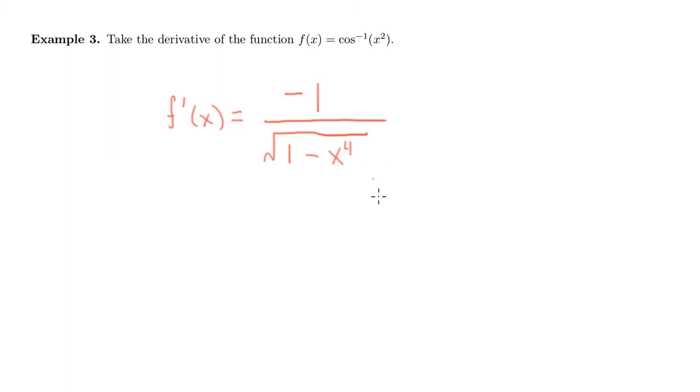And again, it's not just x squared, it's whatever I'm taking the inverse cosine of, squared. So x squared squared, which is x to the 4th. Then we use the chain rule. Because this isn't just cosine inverse of x, it's cosine inverse of x squared, I need to multiply by the derivative of the inner function, which is 2x.